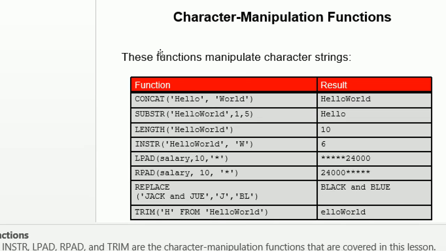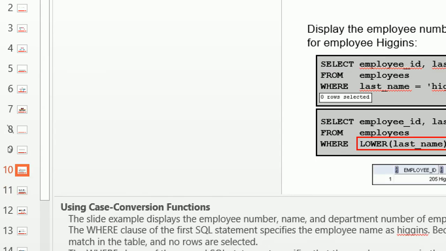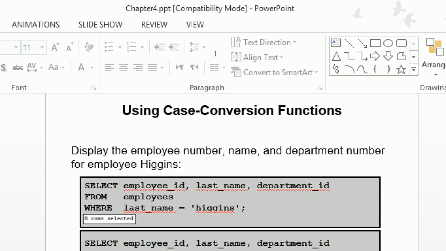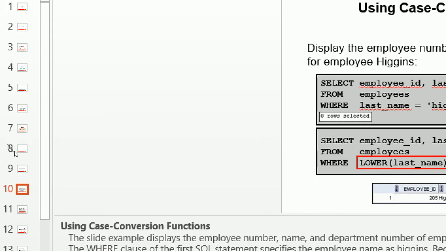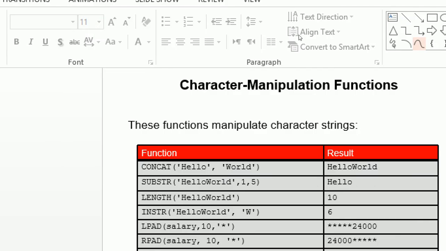We have different functions, such as the concat function. These are the character manipulation functions. Before that, we saw the case conversion functions. Clear? Now let's come to the character manipulation functions, which perform manipulation operations on character data.